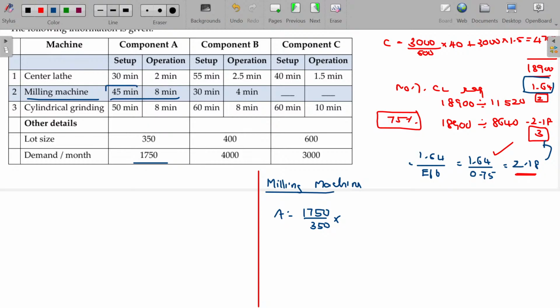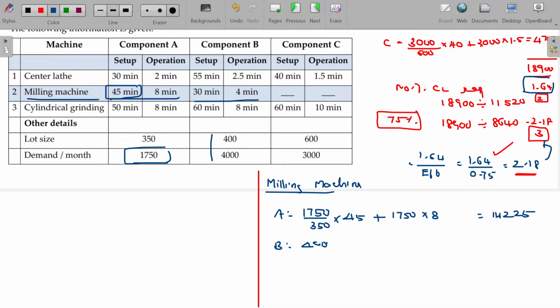For setup, I need to spend 45 minutes, and number of units produced being 1750 into 8 minutes. Come on, tell me. 14,225.